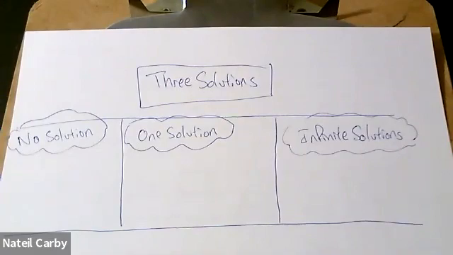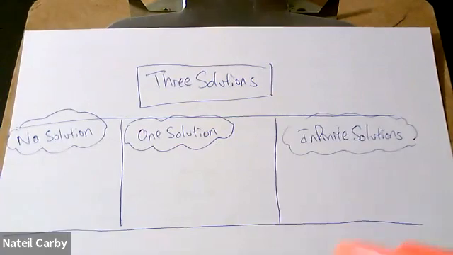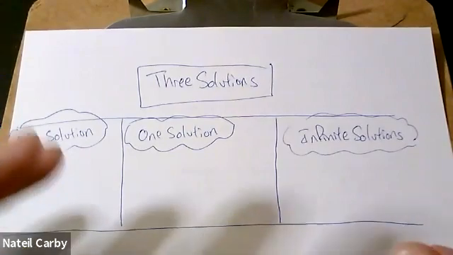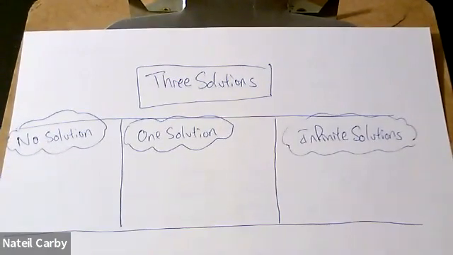So again, this is going off of what we talked about before, right? When you're getting ready to graph your lines, and they're both in slope-intercept form and you put them on a graph, right? A system, we're talking about 2.